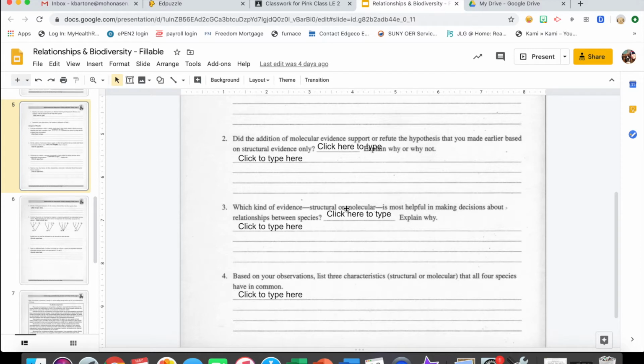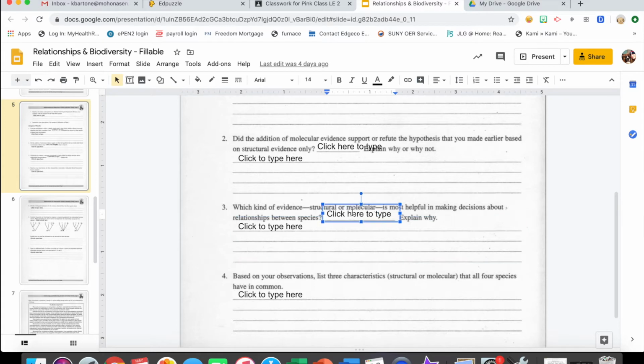Or are things like looking at DNA, looking at amino acid structure, or looking at paper chromatography more helpful? So typically we would say that molecular evidence is more helpful.